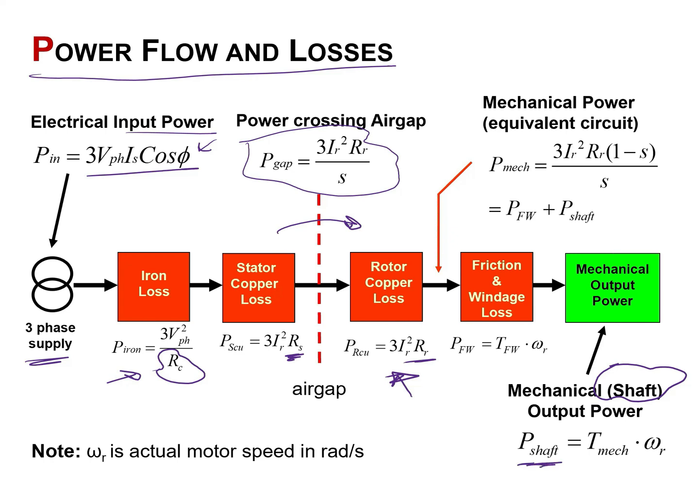And the power at the shaft is equal to the mechanical torque times omega, where omega is the actual motor speed in radians per second. Also, notice that the mechanical power is the result of the shaft power. So that's what we are interested in. That's what reaches the load. And the power that is dissipated in the friction and the windage.